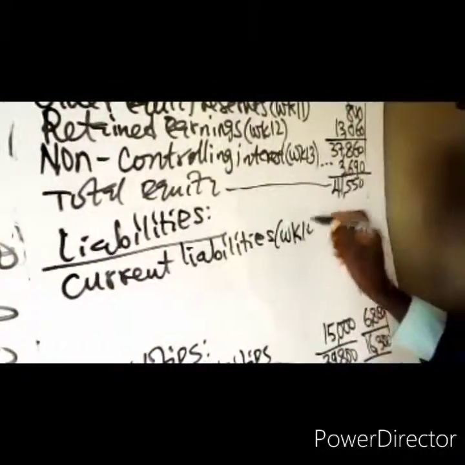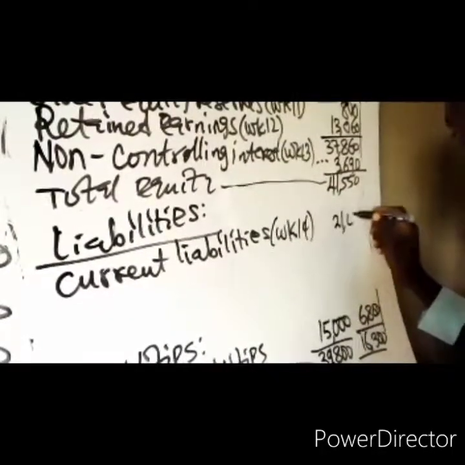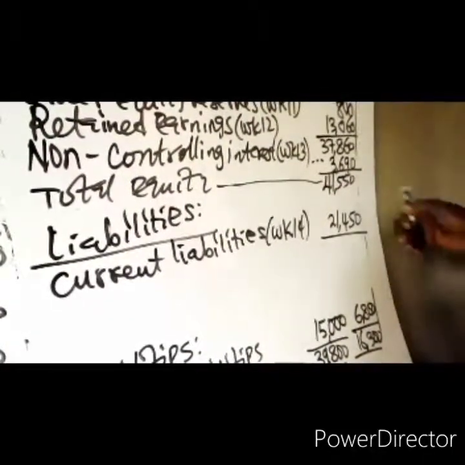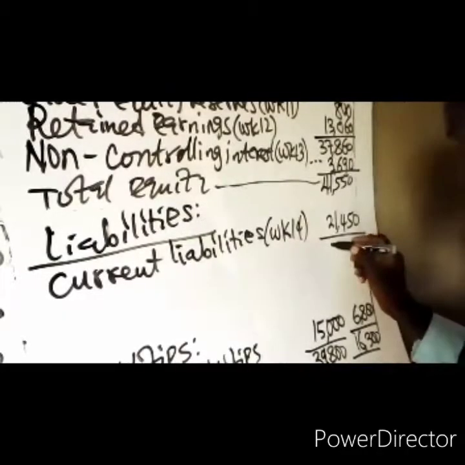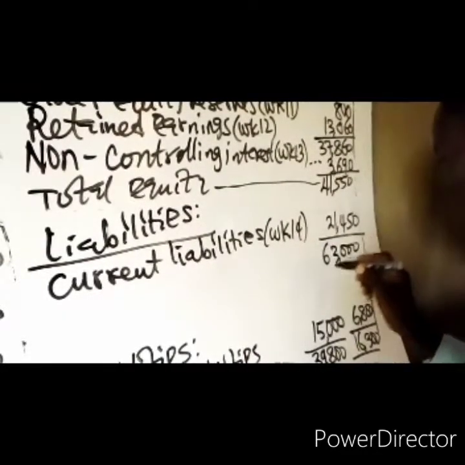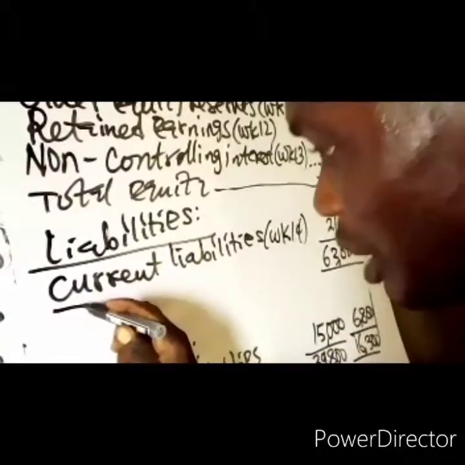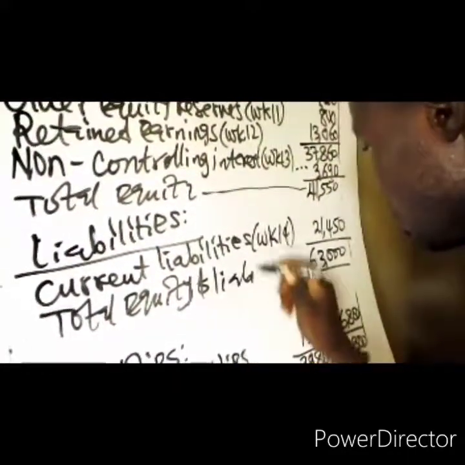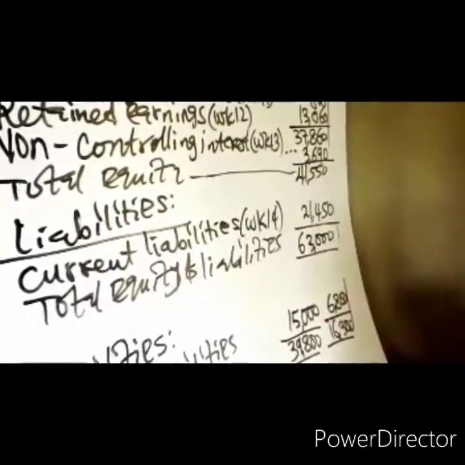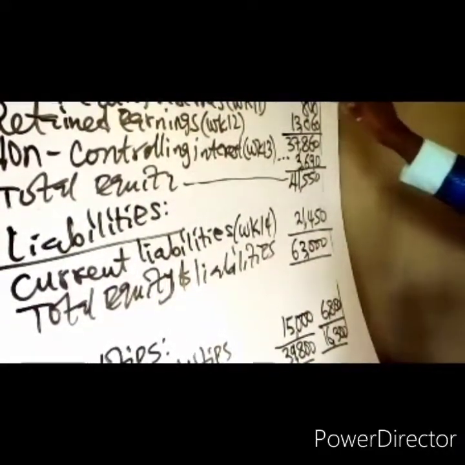Then your current liabilities, working 14, is 21,450. If you add it to your total equity of 41,550, then the total equity and liabilities will be 63,000. So this total equity and liabilities must agree with the total assets of 63,000.